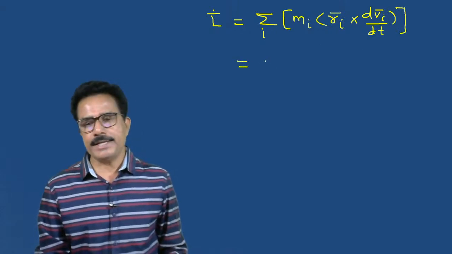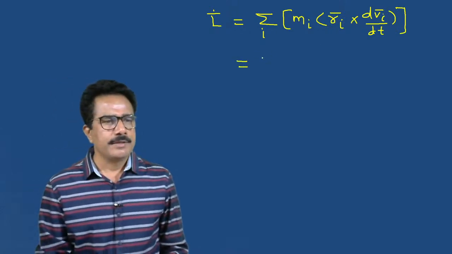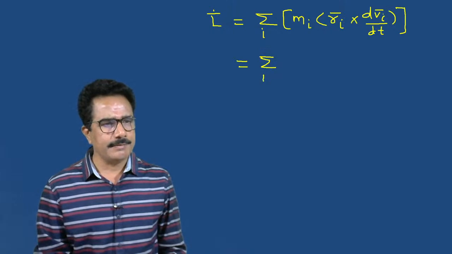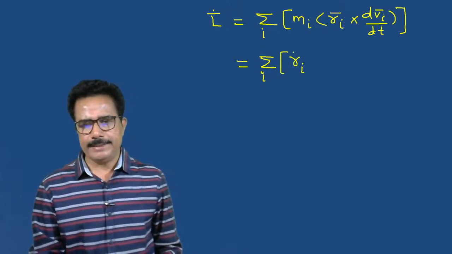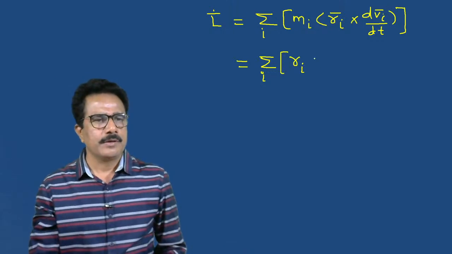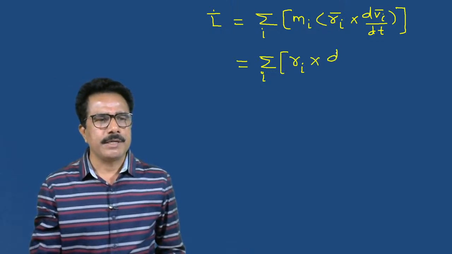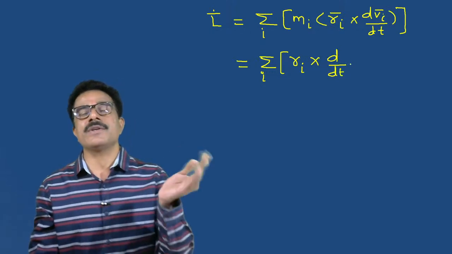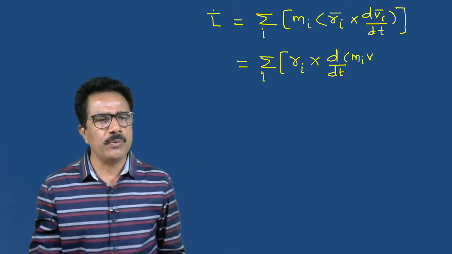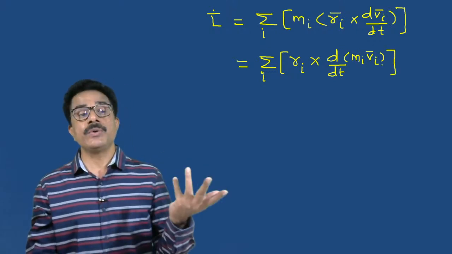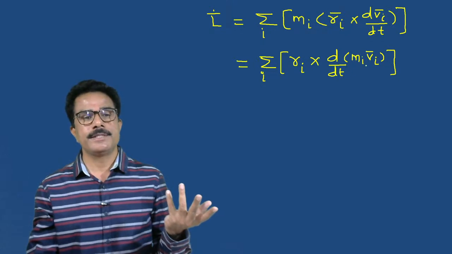So we can write this as summation over i of ri cross d by dt of mi into vi bar, taking the constant coefficient m inside.